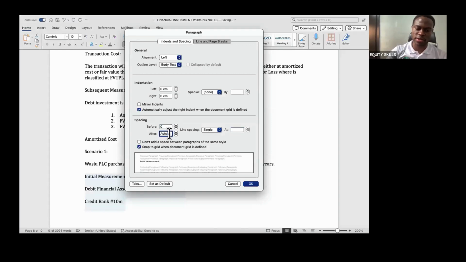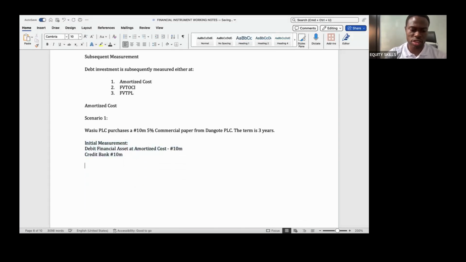Now, subsequently, at the end of each year, that is year 1 to 3, the entity will receive and recognize the annual interest. And how much is this annual interest?